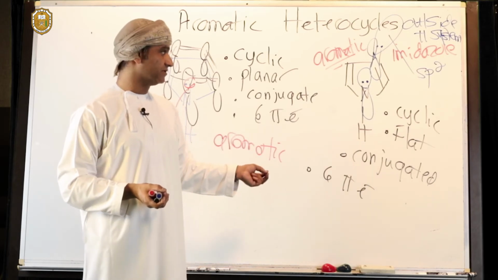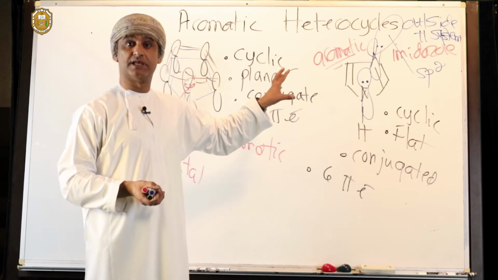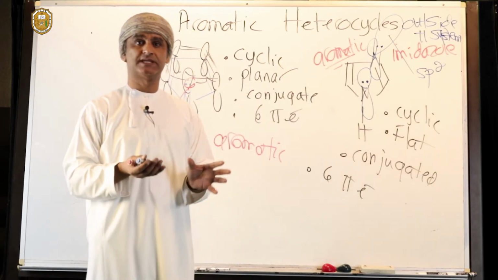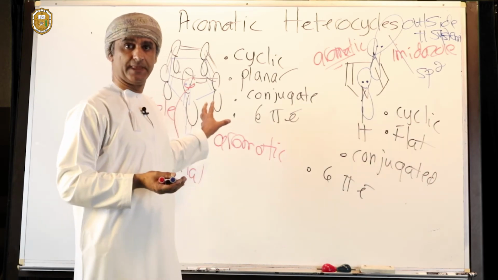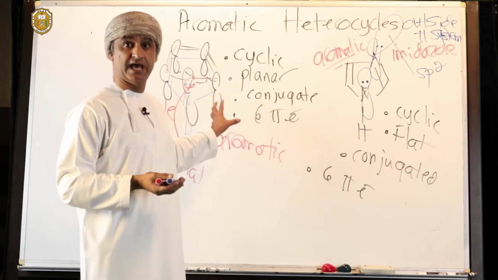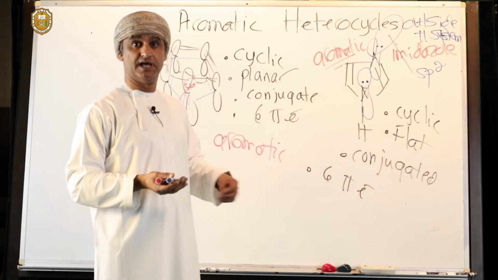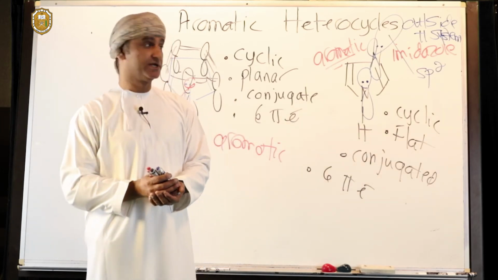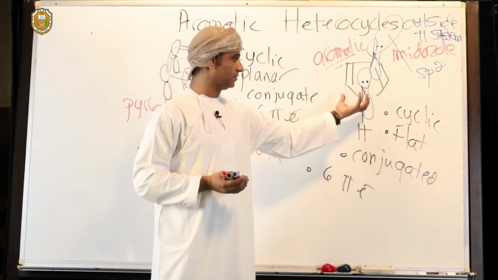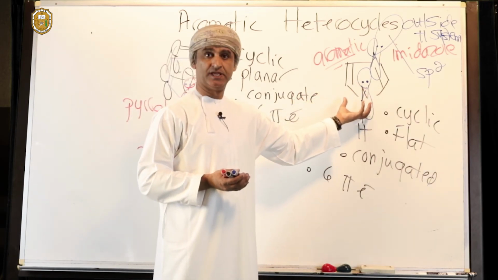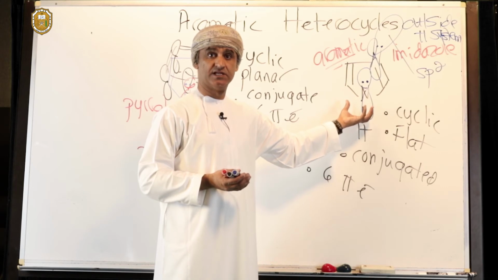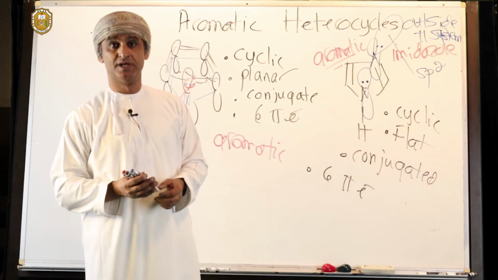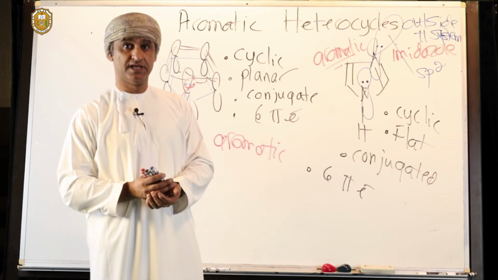What's very remarkable here is that imidazole has common characteristics of 5-membered heterocycles such as pyrrole on one hand, and 6-membered heterocycles such as pyridine on the other. On this side it resembles pyrrole, and here, because it contains an imine functional group, it resembles 6-membered heterocycles.